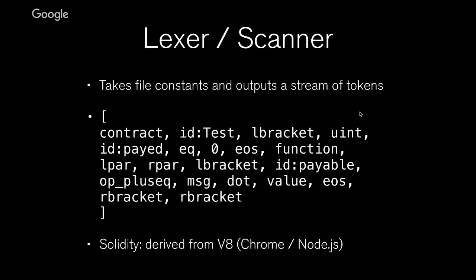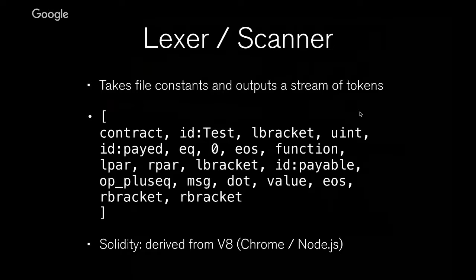For example, for a simple contract, this stream of tokens could be contract, identifier test, an opening bracket, uint, an identifier paid equals 0, end of statement, that's a semicolon, and then a function with a left parenthesis, right parenthesis. This function takes no arguments, for example, and so on.